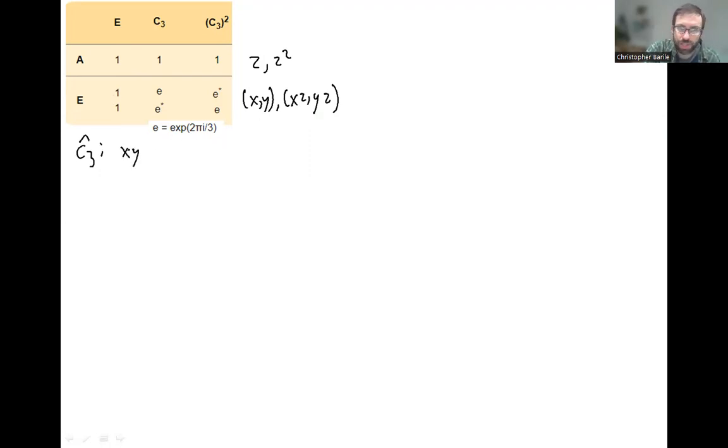Well, to answer that question, we need to remind ourselves what happens to x and what happens to y. Remember that had to do with the 2x2 rotation matrix.